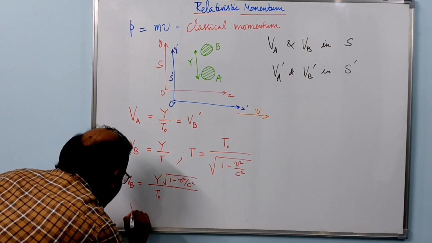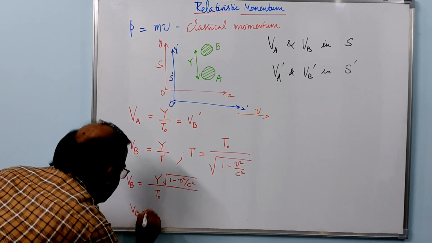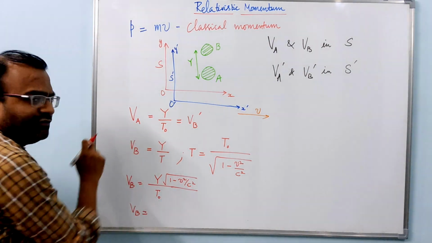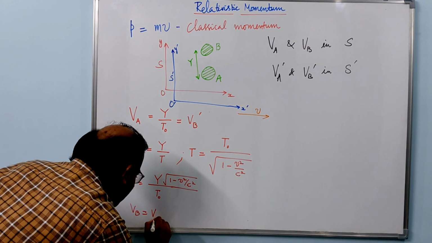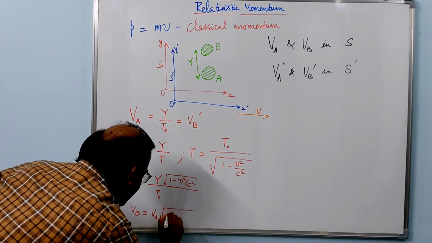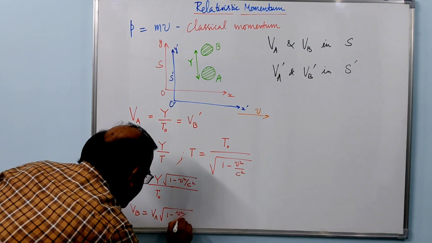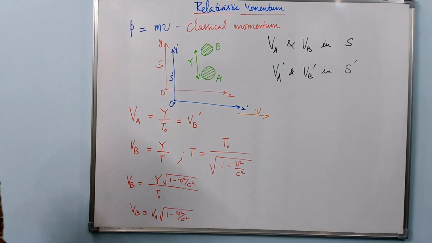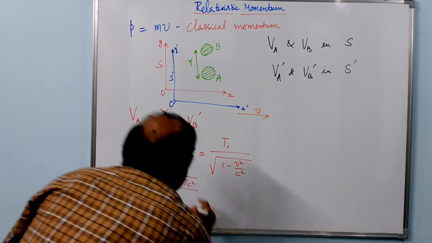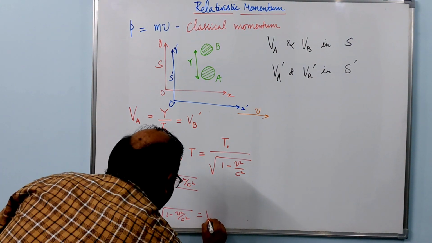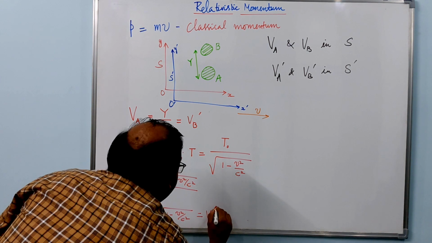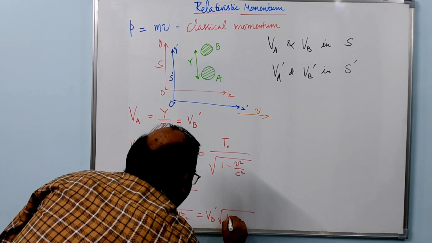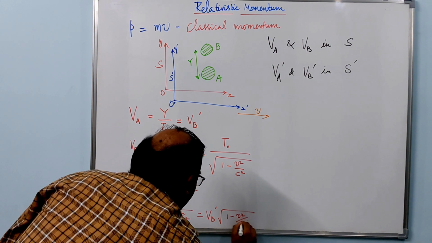So we can say that VB is equal to Y by T naught, which we know is equal to VA, and therefore that is VA times the square root of 1 minus V squared over C squared. Or we can equivalently write that as VB is equal to VB prime times the square root of 1 minus V squared over C squared.